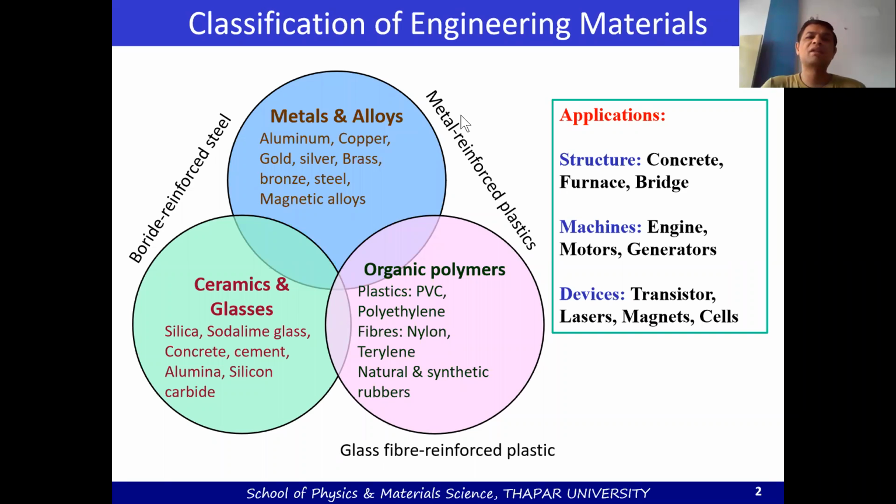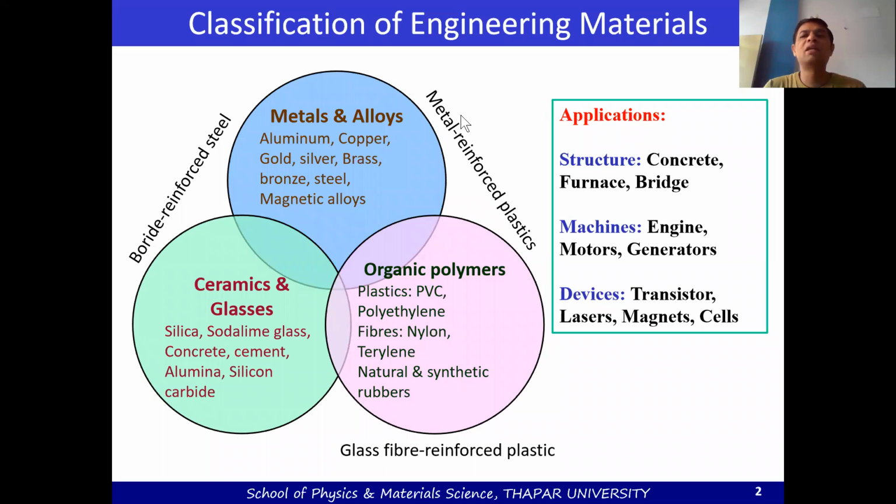Another interesting variant with which we have classified engineering materials, or materials in general, in our school days was depending on its electrical properties. So we used to classify materials to be conductor, semiconductor, or insulator. Likewise, if you look at the magnetic properties of the material, you can say a material is either magnetic or non-magnetic.